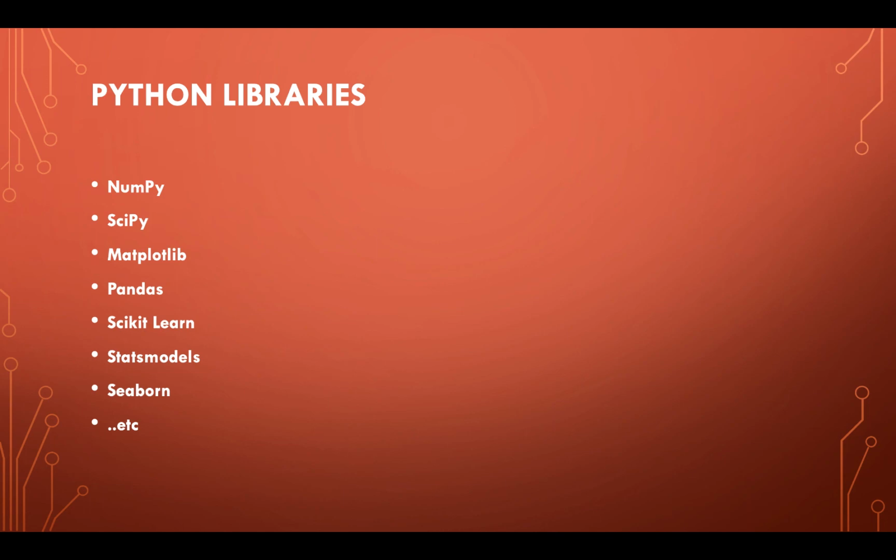Seaborn for statistical data visualization. Seaborn is a library for making attractive and informative statistical graphs in Python. It's based on Matplotlib. Seaborn aims to make visualization a central part of exploring and understanding the data.